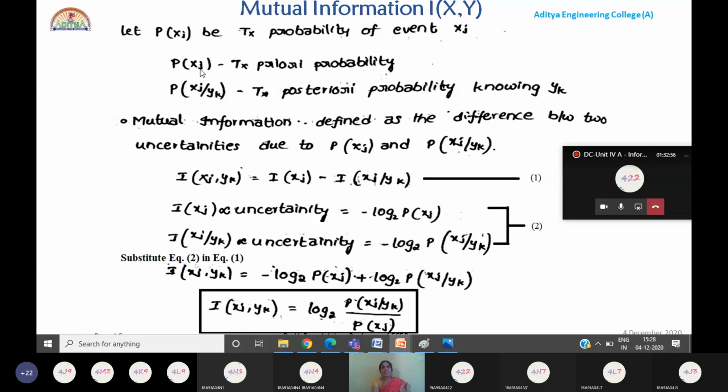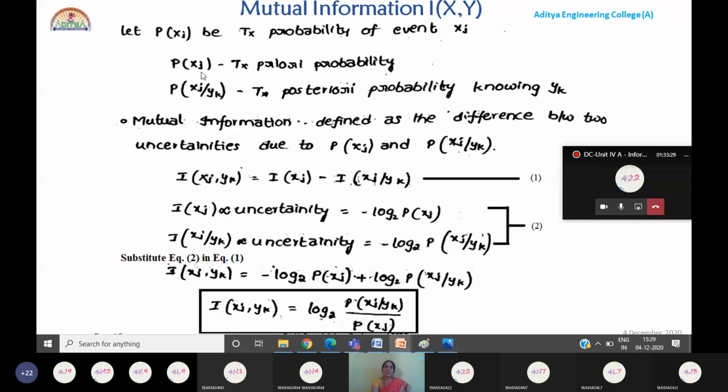Here p of xj is the probability of transmitter events. We did not mention divided by anything here. So that type of probability is without knowing the information, that is, without knowing how much data has been received at the destination point. That kind of probability is called priori probability.